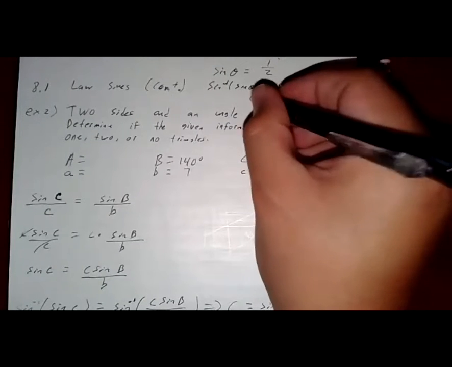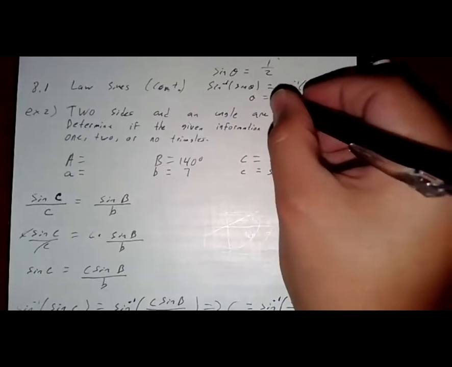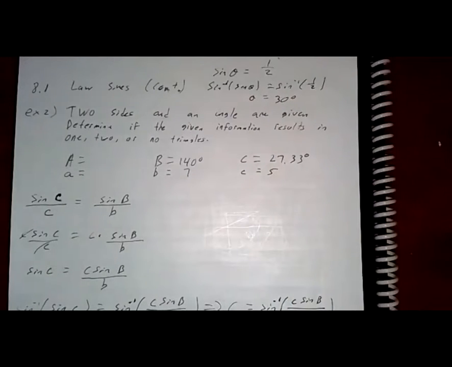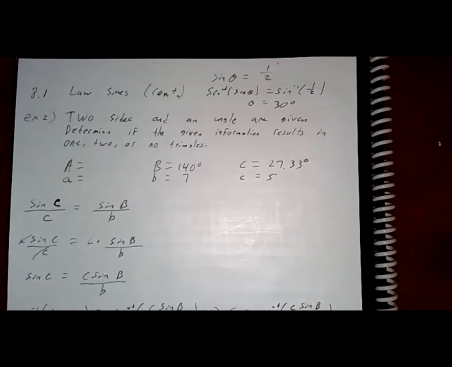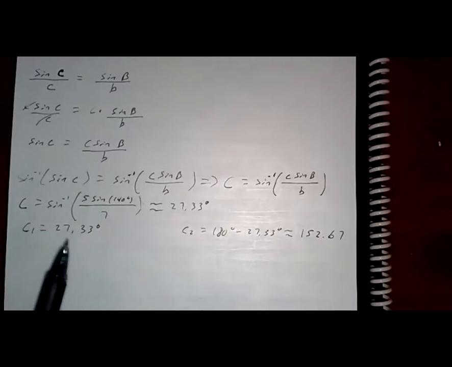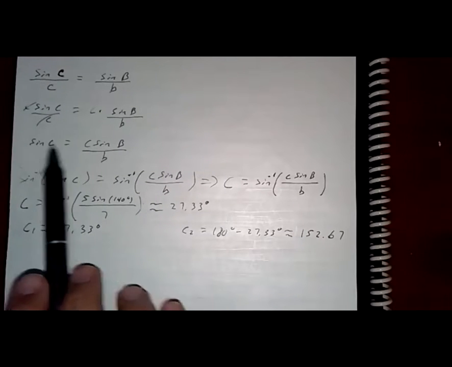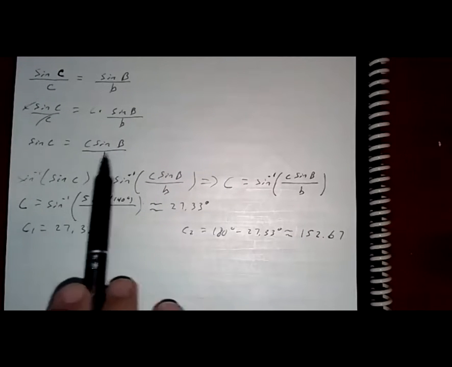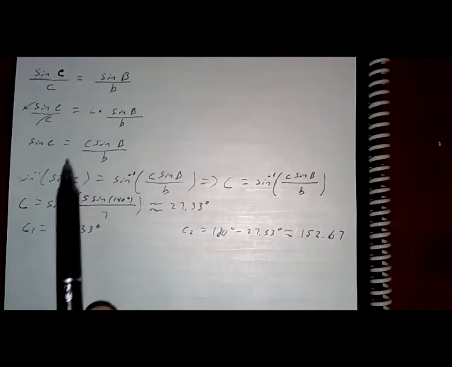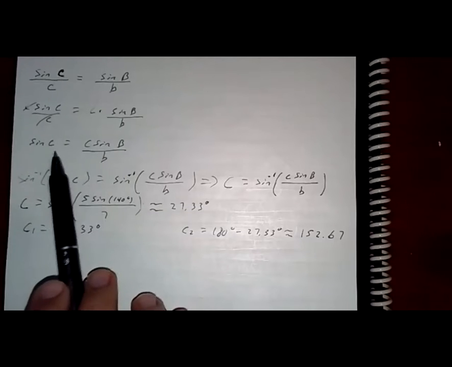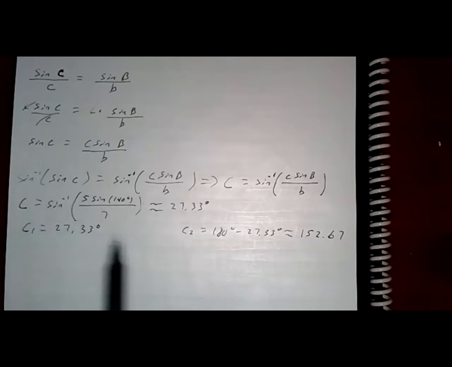Then you'd end up with theta equal to 30 degrees. There's still a second one, so we must subtract from 180 degrees to get the second one. So this question, sine C equal to this number, has two answers, two C's, and that's how we find them.